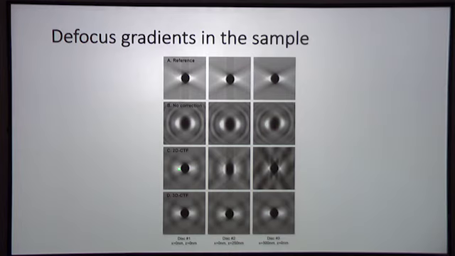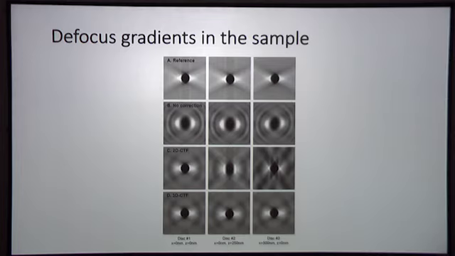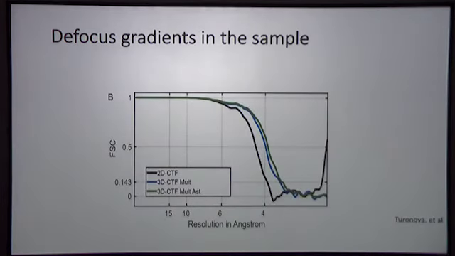This is the effect of doing the reconstruction using the traditional two-dimensional CTF, where we take into account the tilt of the sample, but we don't take into account the depth of the sample. And you can see that beads at different positions all look much more like reality than if we don't correct, but they all look different. And this simulation here is the effect of doing a true three-dimensional CTF.